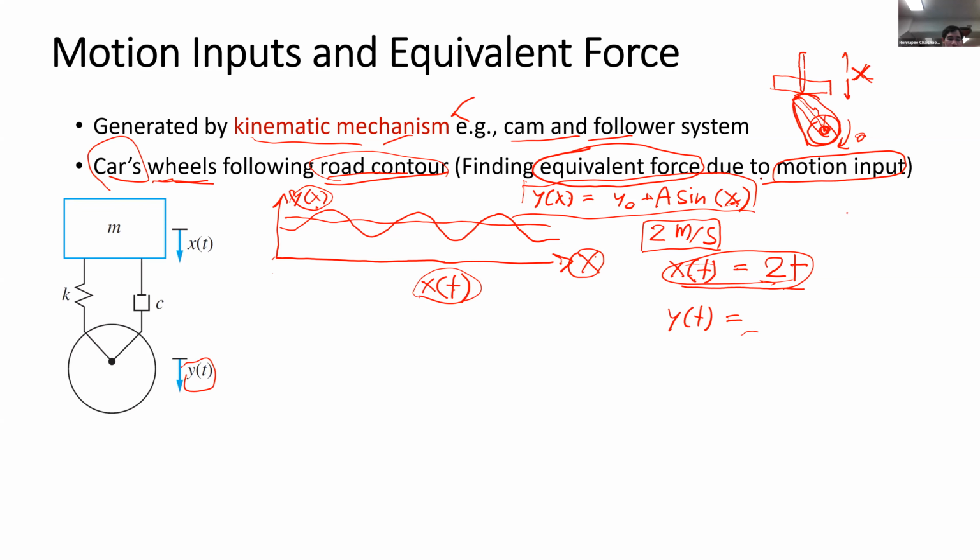The motion input to the system is the vertical change of position of the wheel. So what should be the equivalent force that acts on the system by the motion input?